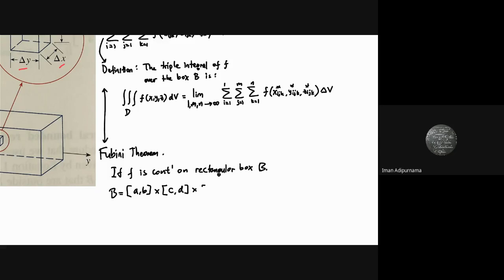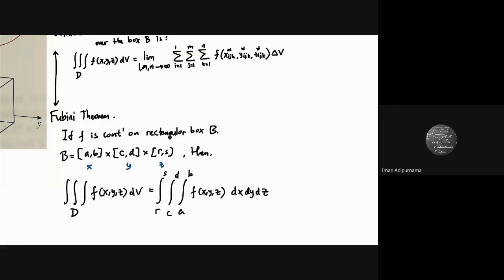We can write in terms of dy, dx, dz. We can write dy, dz, dx. We can also write dz, dy, dx. So we can exchange all this order. Okay.